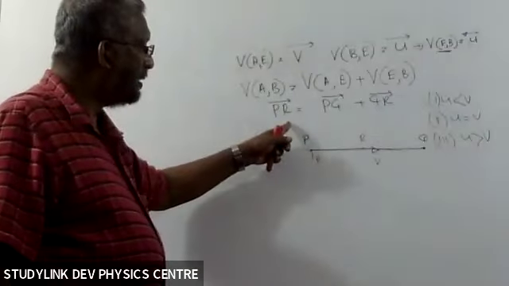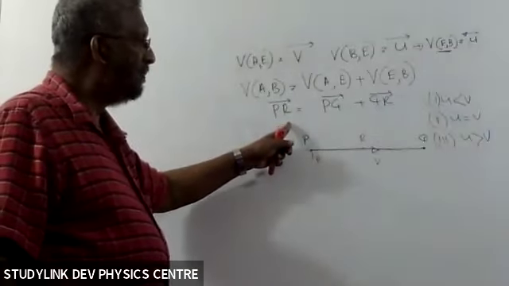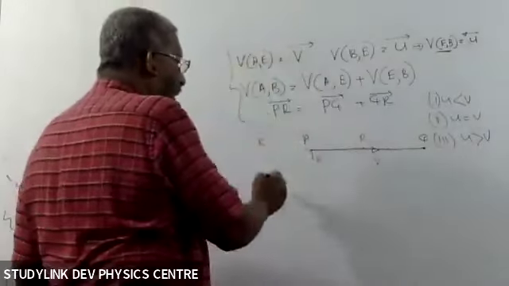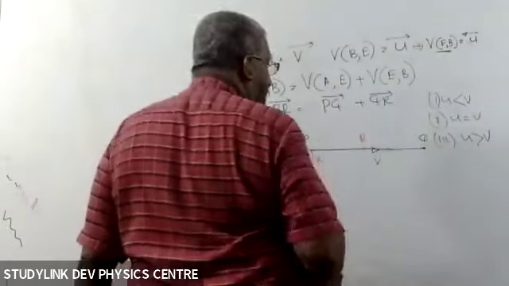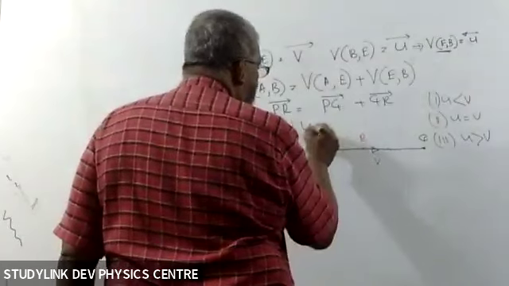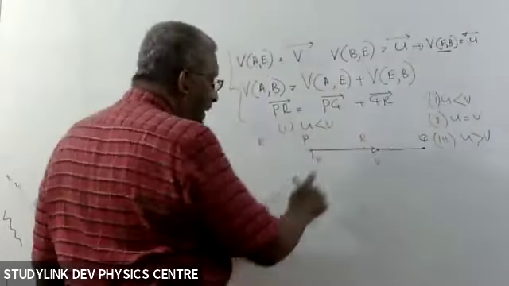First you write up to this, then we'll start. First you come up to this, and after that we'll say the first situation, U is less than V.